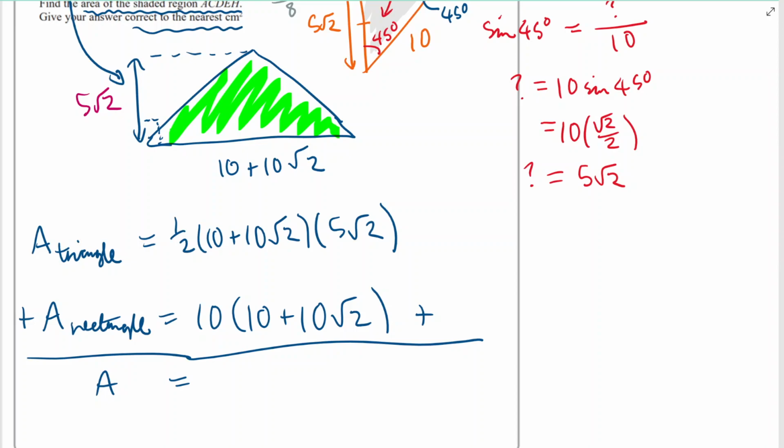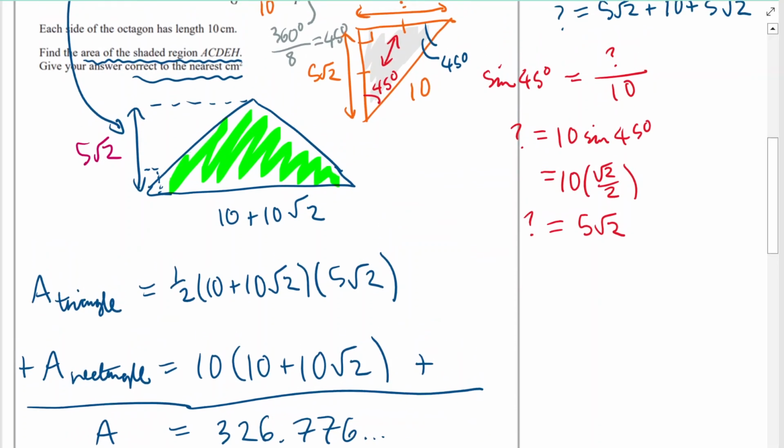So 10 times 10 plus 10 root 2, just working on my own calculator here, and add that to half times 10 plus 10 root 2 times 5 root 2. What does that overall give us? It gives us an answer of 326.776 and so on, and that's our answer, right?